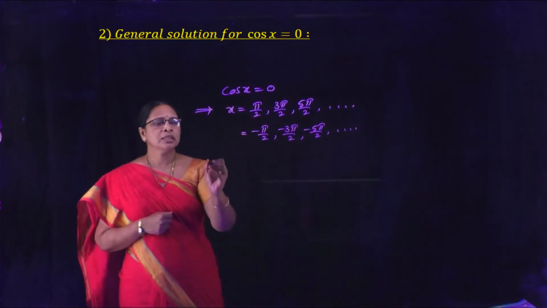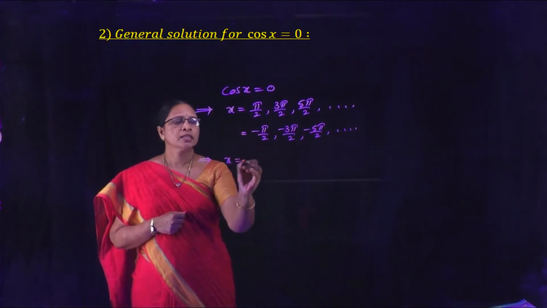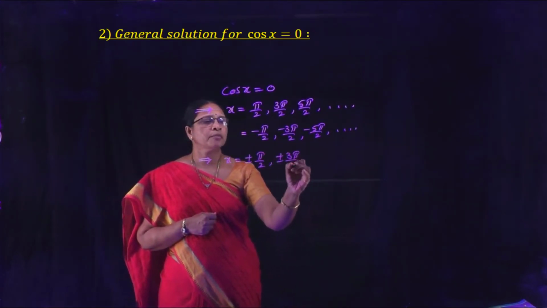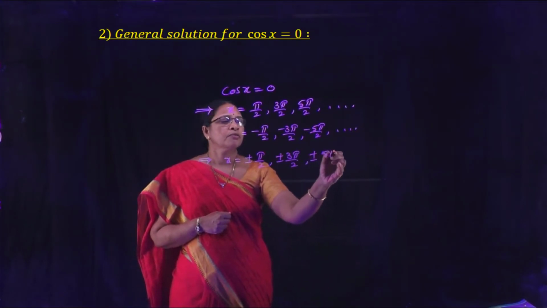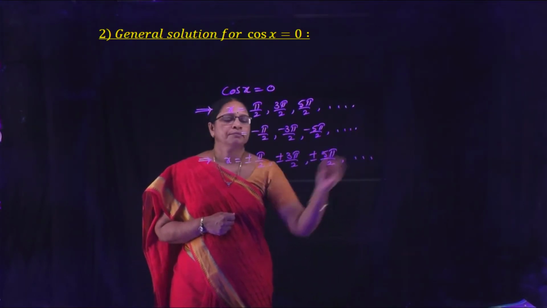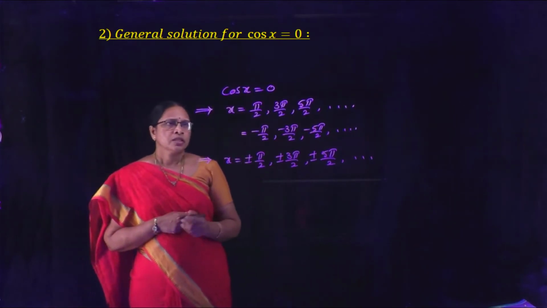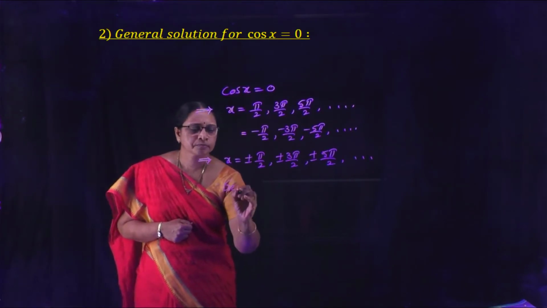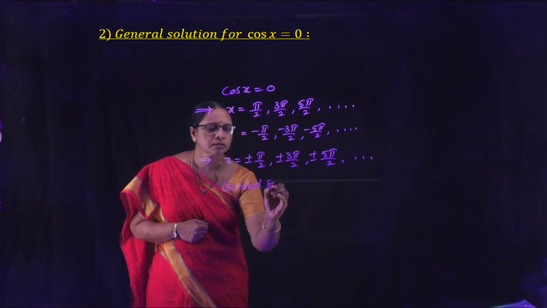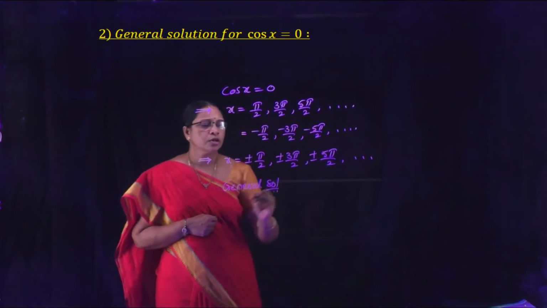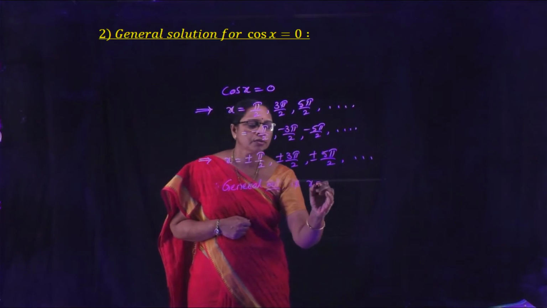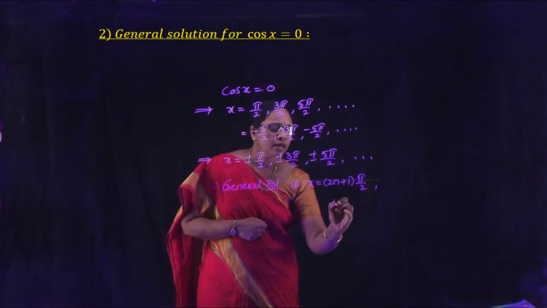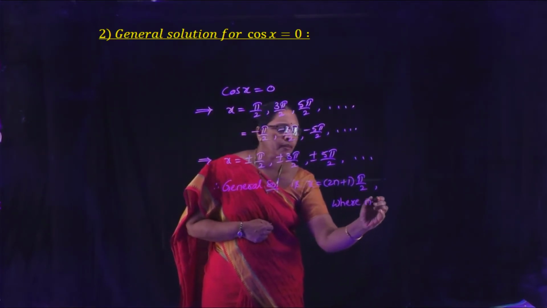By combining all these values, we get x is equal to plus or minus pi by 2, plus or minus 3 pi by 2, plus or minus 5 pi by 2, and so on. Hence, the general solution for cos x equal to 0 is x is equal to (2n plus 1) times pi by 2, where n belongs to Z.